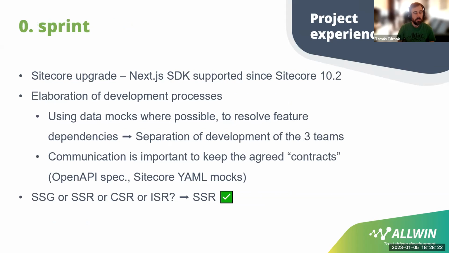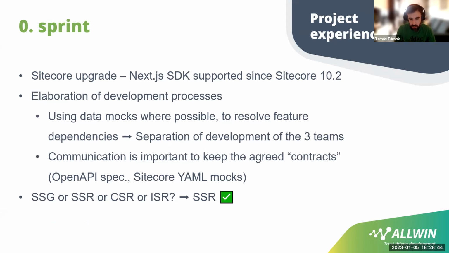So the next one was actually the first sprint, so the 0 sprint. And first we had to do a Sitecore upgrade because the current Sitecore version was 10.1, but the Next.js SDK is supported since Sitecore 10.2. So this was just a minor upgrade.